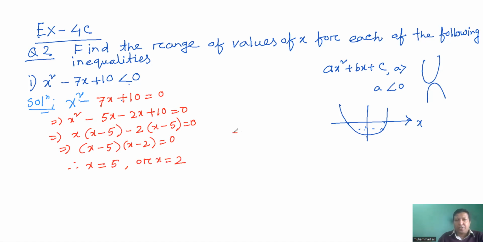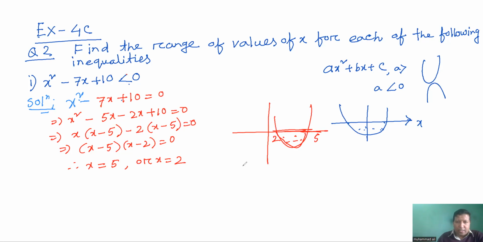If we sketch this curve, it will obviously be u-shaped, and it passes through 2 and 5 on the x-axis. What do we want? We want where the curve is less than 0, that means below the x-axis. We will find the range of values of x for which the curve is below the x-axis.